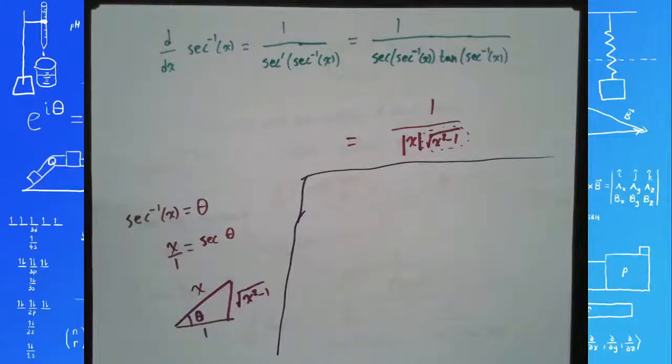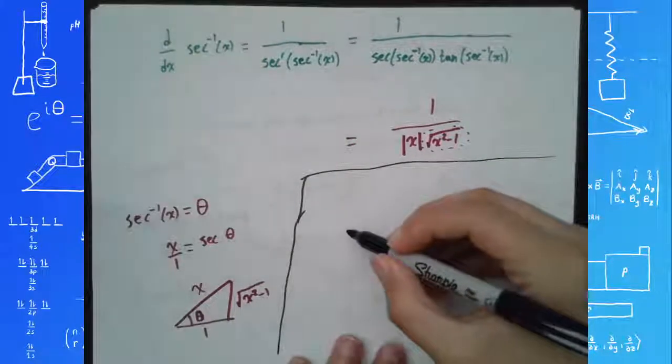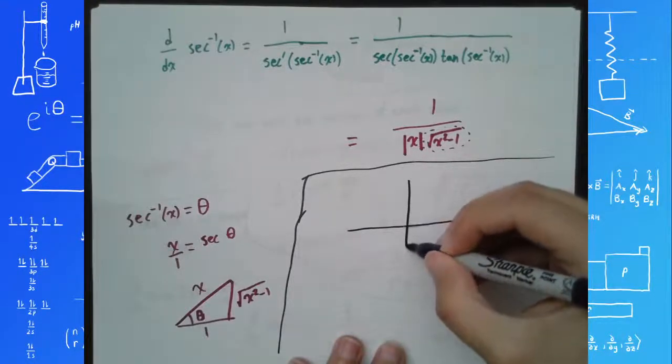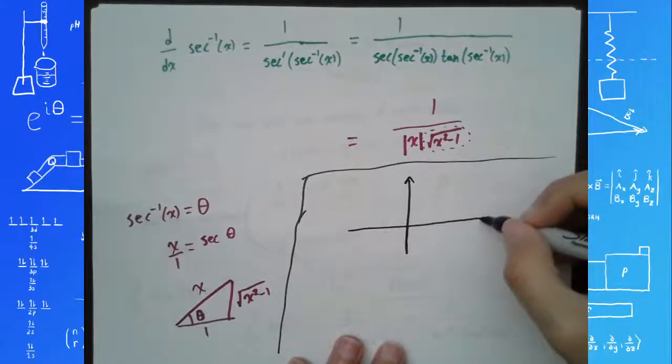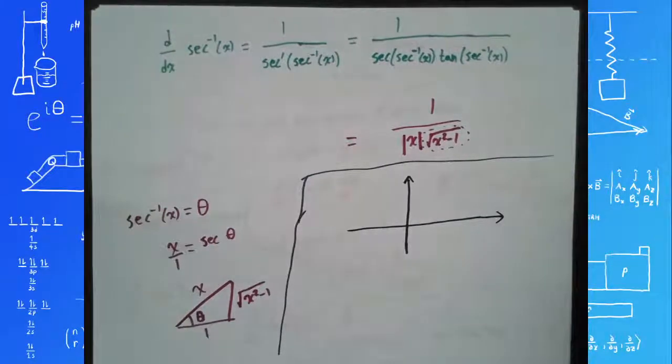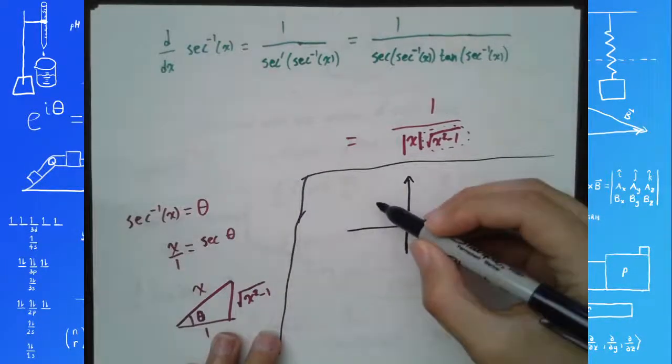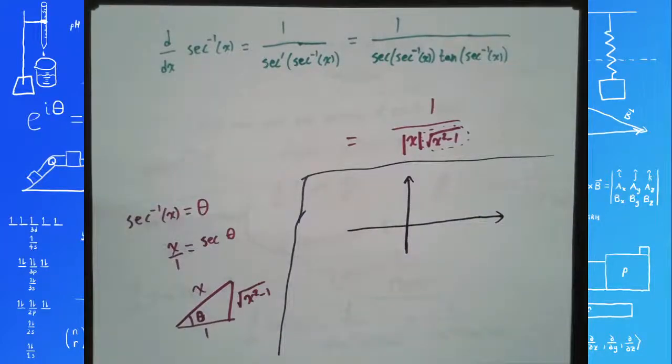Well, the AP exam definitely likes to give you a bunch of problems where they'll present you with a graph. They won't tell you what the function is, but they'll give you a graph made of simple geometric figures.